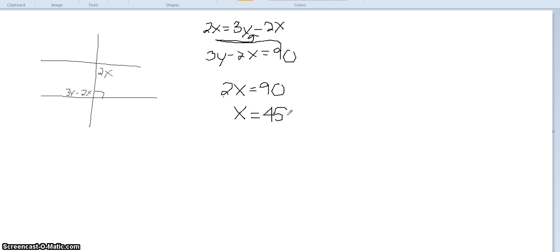So we can find the answer for x in a roundabout way, but that's one way to think about this problem. The other thing now is we still need to find y. Well, we can put this into our formula here for x and find y. So we know that 3y minus 2 times x, which we now know is 45, has to equal 90.